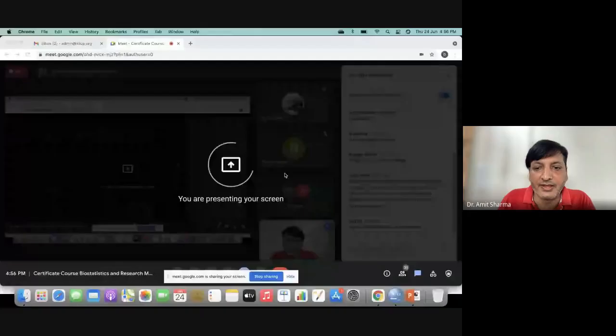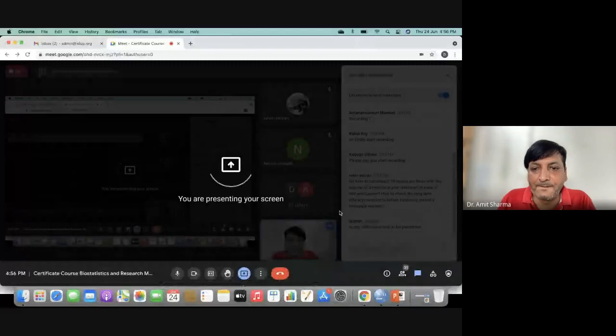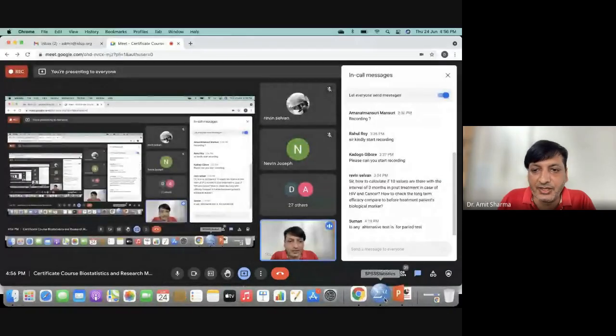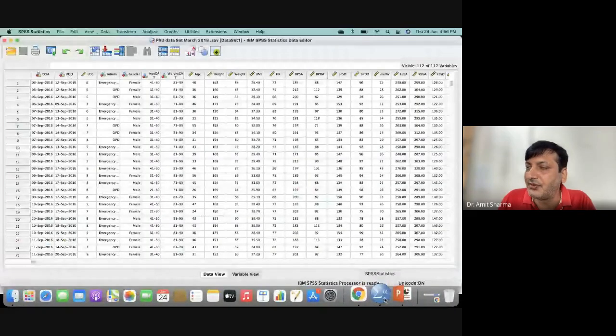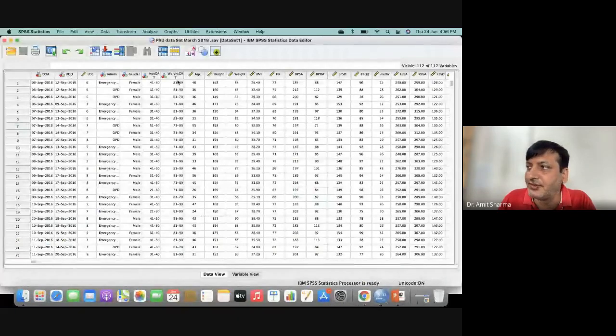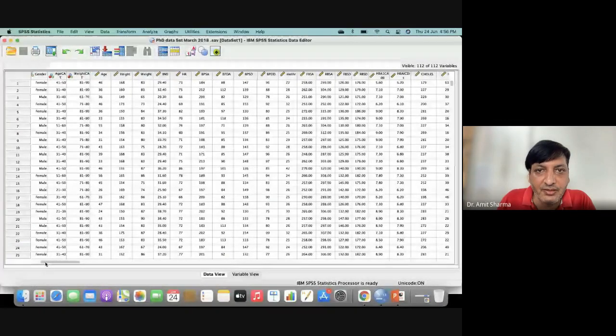I have to share my whole screen, the entire screen. Then only it will be visible. Yes, you can see that is my SPSS window, and I think it's visible. We have to compare 2 values, before and after.